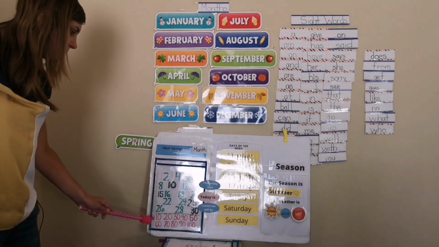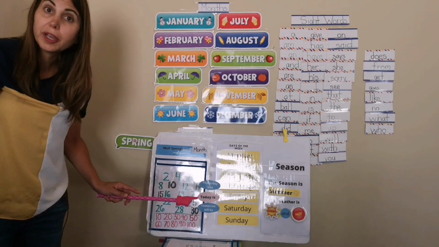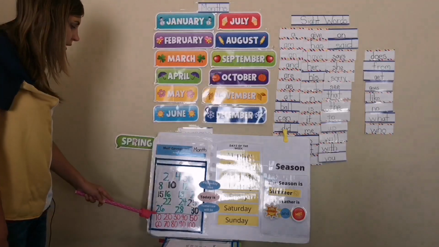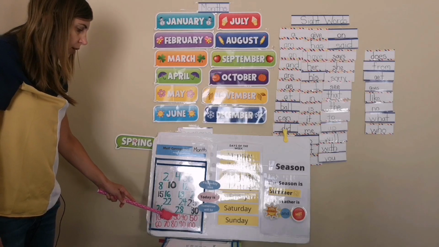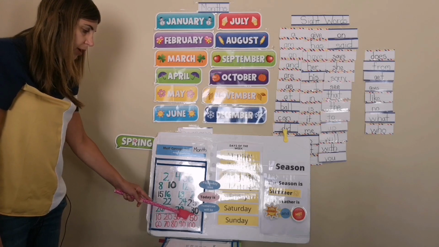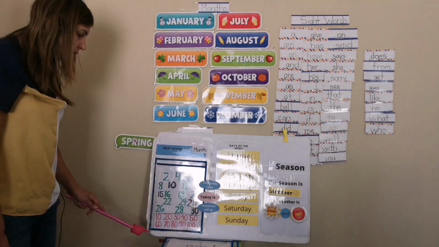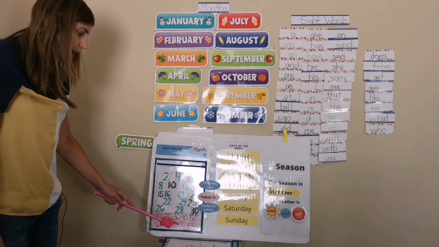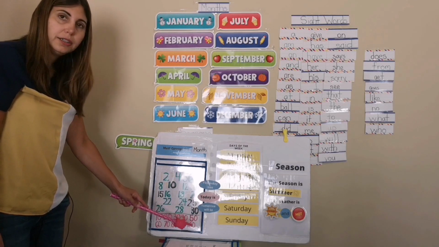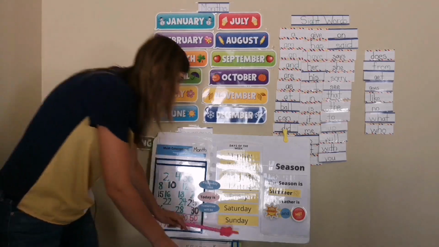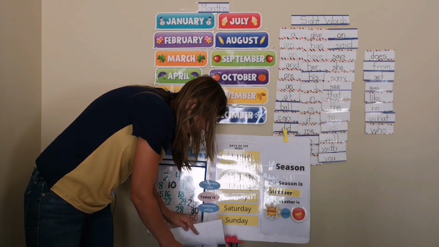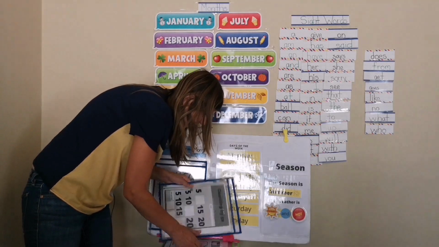Okay, now we're going to count by tens all the way to 100. Ready? 10, 20, 30, 40, 50, 60, 70, 80, 90, 100. Amazing skip counting. Please practice that often.